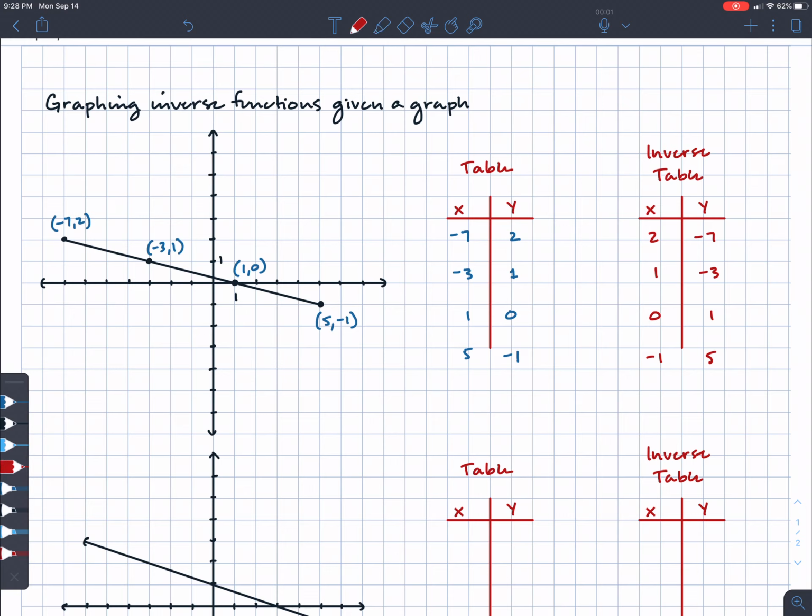All right. So now that I have those new points for my inverse table, I'm going to plot those new points. So 2, -7, so 2, 1, 2, 3, 4, 5, 6, 7. Looks like here's my point there. 1, -3. 0, 1. And -1, 5.